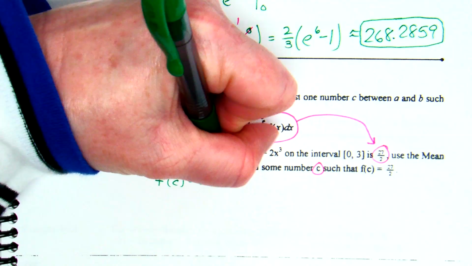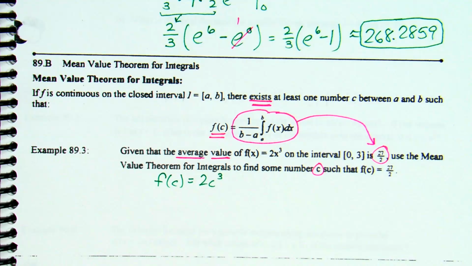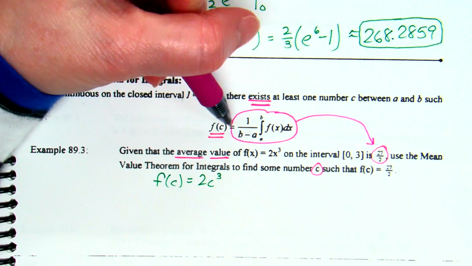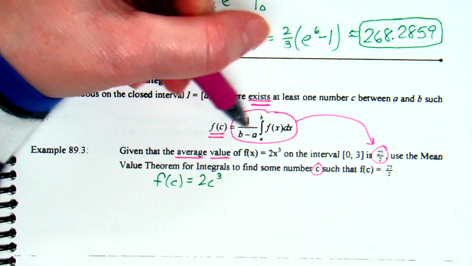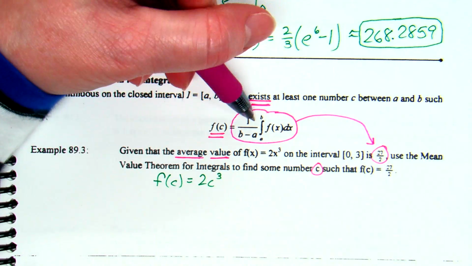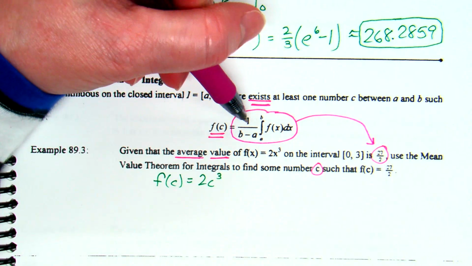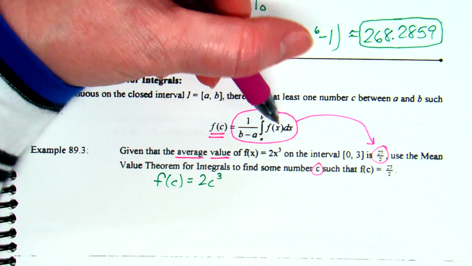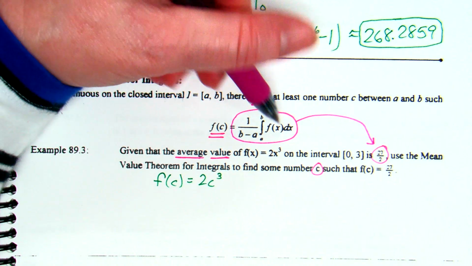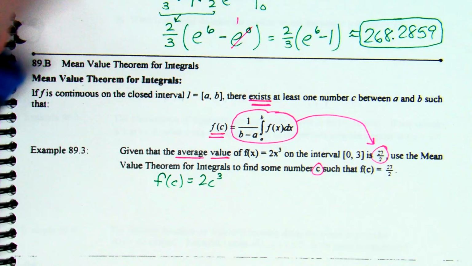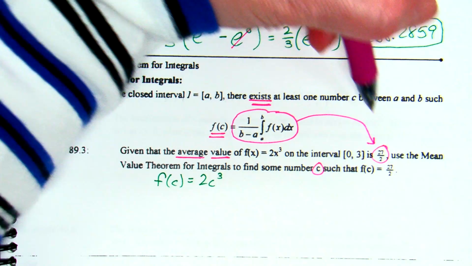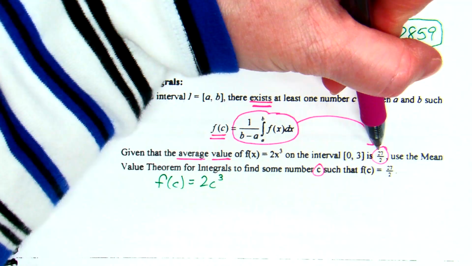Now, up here, f of c is defined to be this right here. This is a lot easier than what you think it's going to be. So f of c is defined as the average value. f of c equals what? 27 halves.